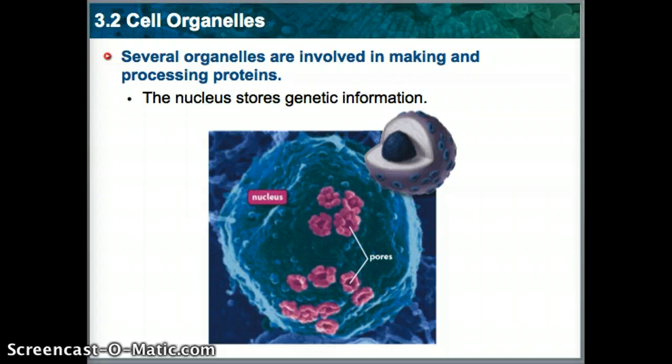This is where the genetic information is contained, so that would be your DNA. There's a nuclear membrane which surrounds the nucleus. It's composed of 2 layers with numerous openings for nuclear traffic. And then you also have a nucleolus, which contains the RNA for protein. Again, that nucleolus is also spherical shaped.